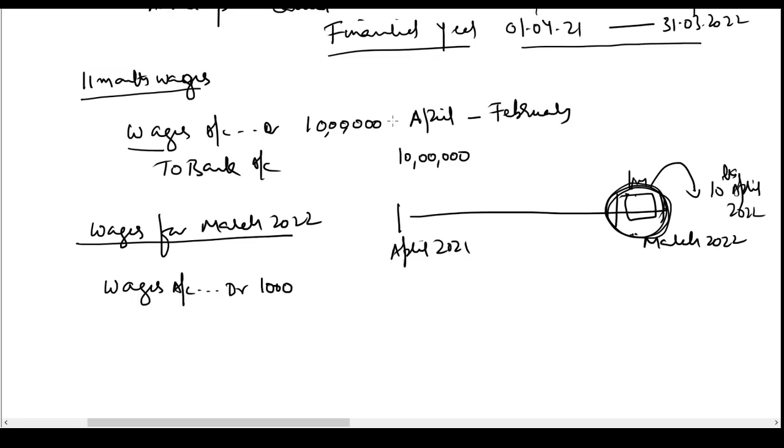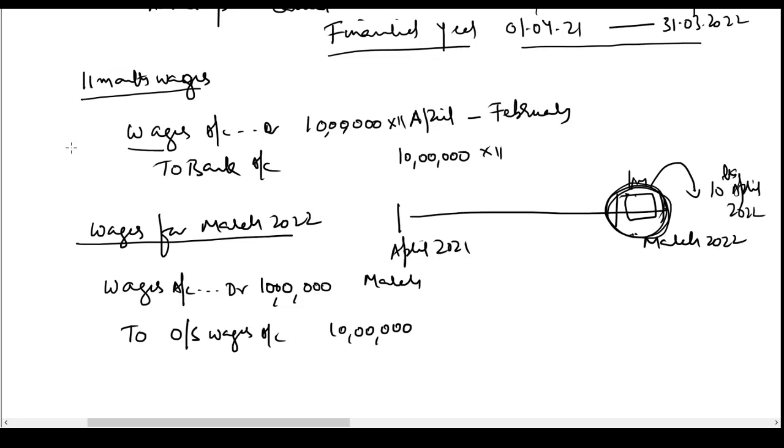So this is 10 lakh rupees per month, 11 months. So again we have 10 lakh rupees for the month of March. I have not paid the money yet, so I am going to record outstanding wages account 10 lakh rupees.